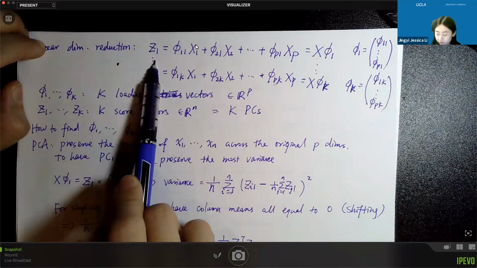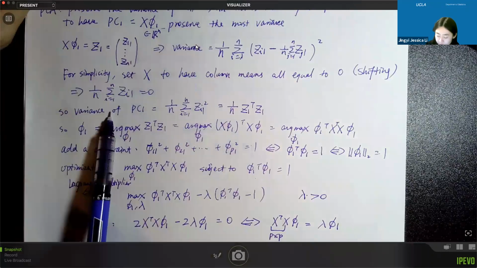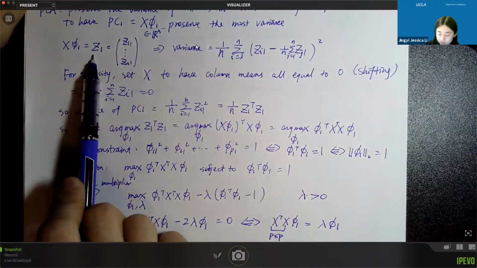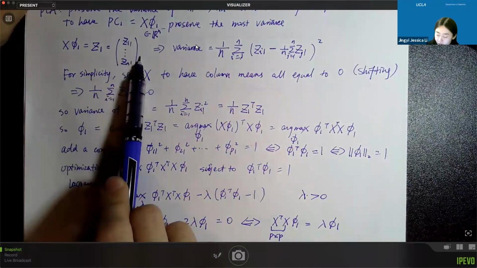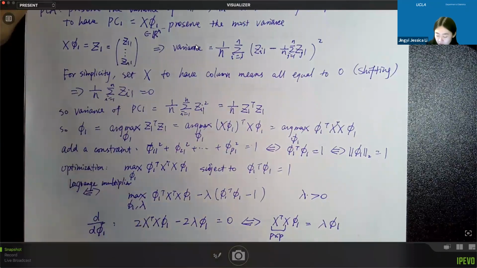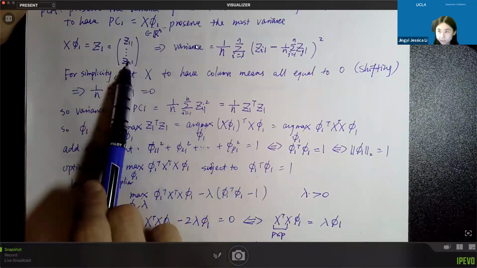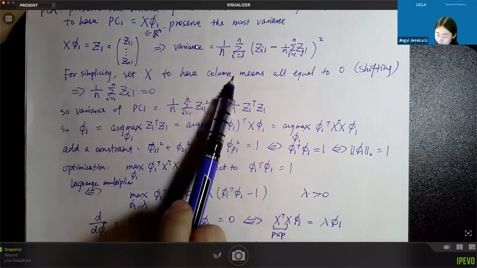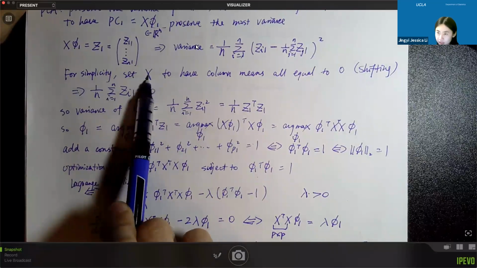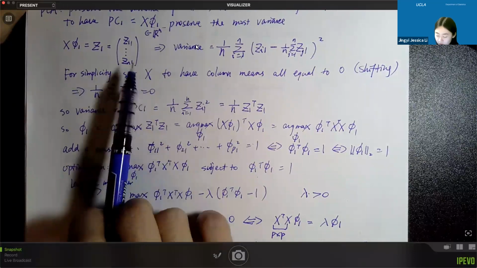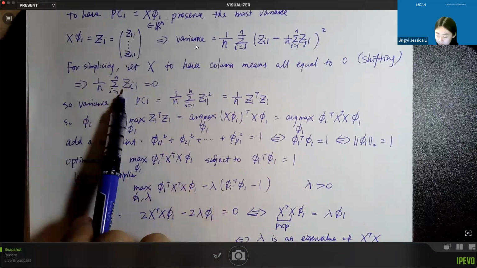So we want to find phi 11 to phi p1 to maximize the variance of Z1, that is, the variance of Z11 to Zn1, when we assume without loss of generality that the average is 0 across data points in each original dimension. If every column of X is centered at 0, then the n values of Z1 are also centered at 0.